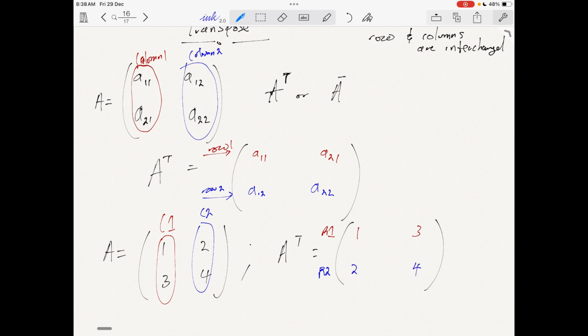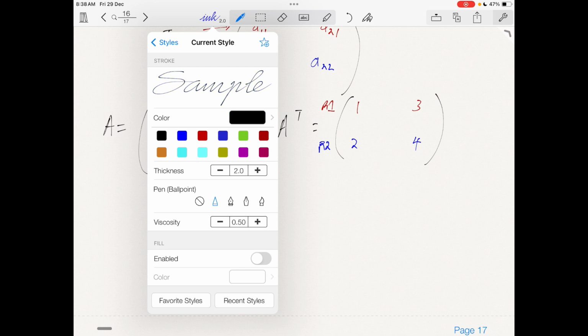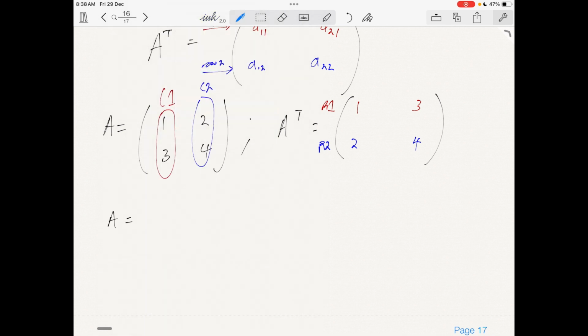Now, transpose of a matrix is not limited to square matrices. Let's say we have a 3 by 2 matrix, where we have 4, 6, 7, 9, and 2, 5. We want to perform the transpose of the matrix.